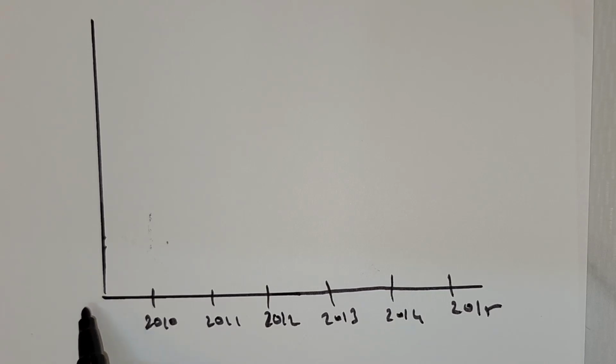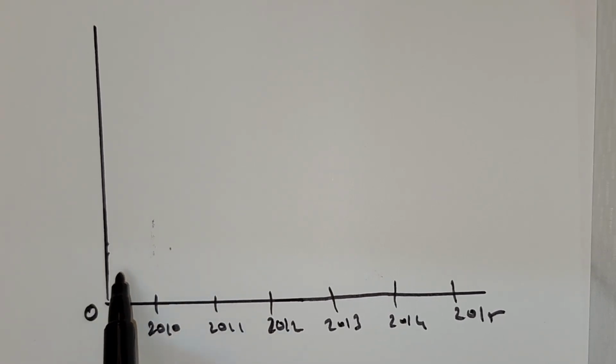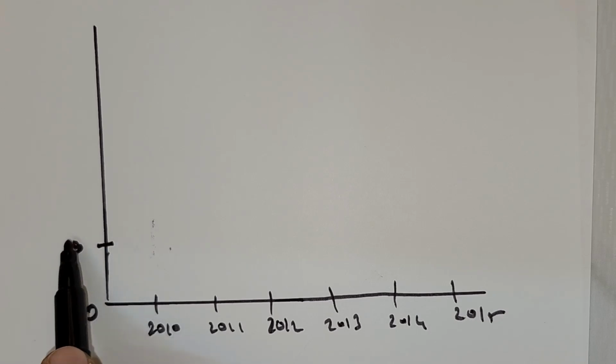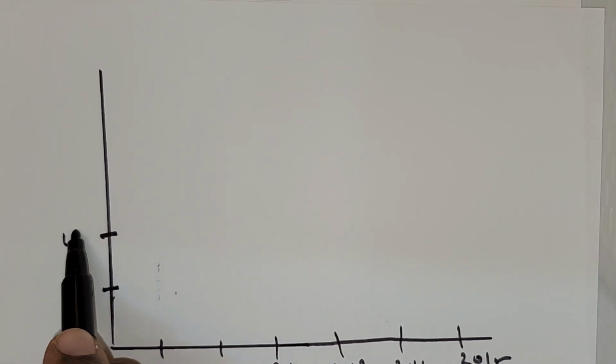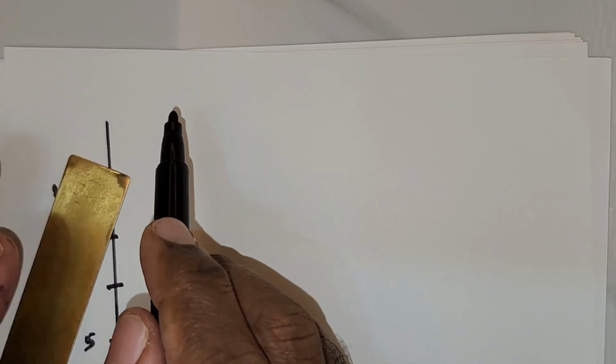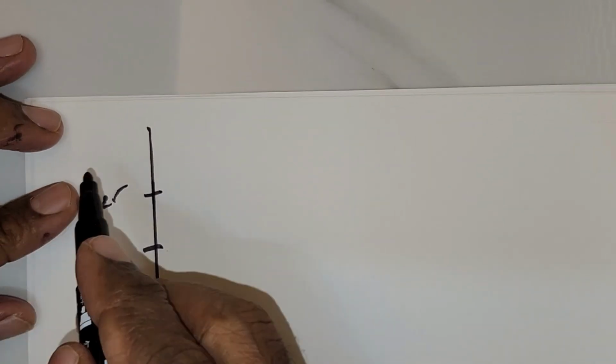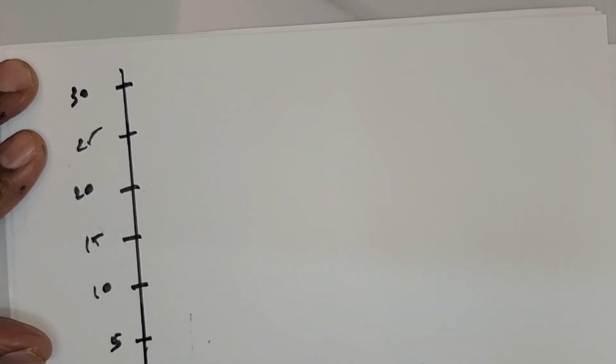So this is 0. I'm going to start with, say, 5, 10, 15, 20, 25, and 30.